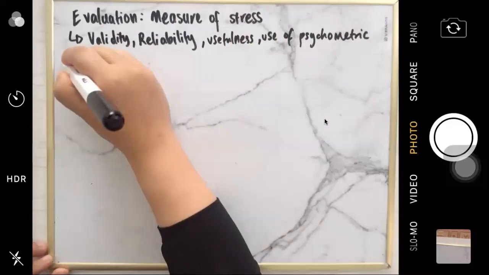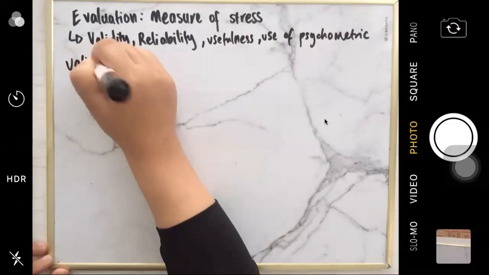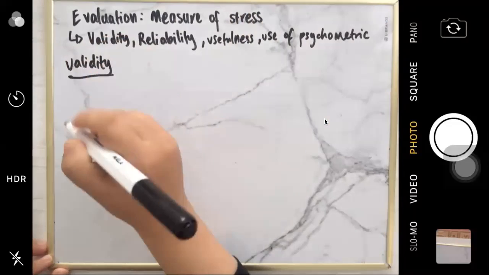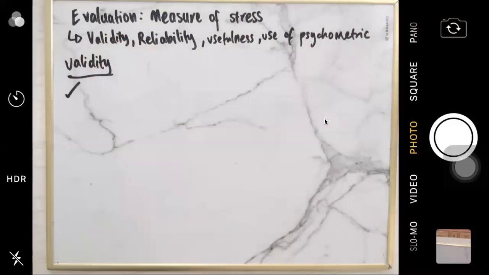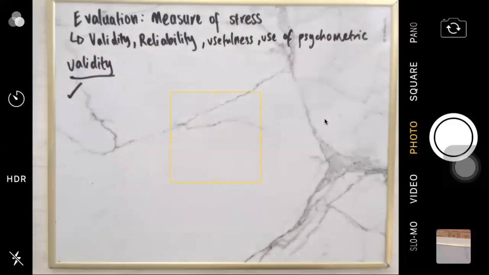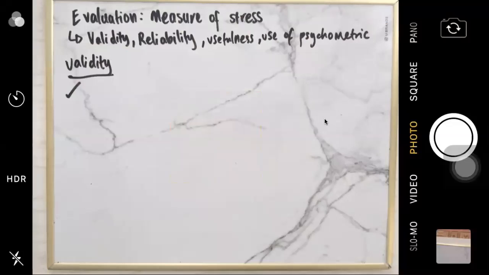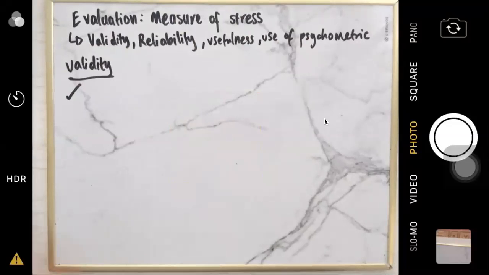Now, validity. What makes a study valid, guys? What are the things that make a study valid? High control, no EV. What else?